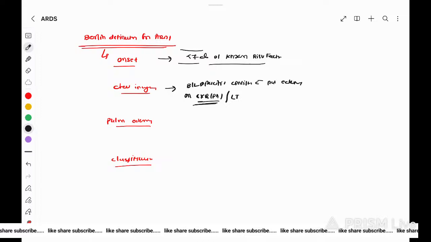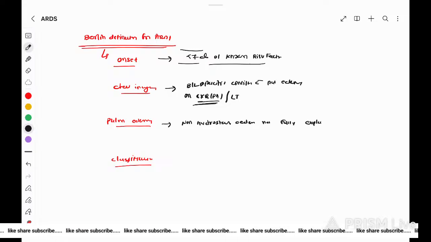Then pulmonary edema is non-hydrostatic, meaning non-cardiogenic, not fully explained by heart failure or fluid overload.